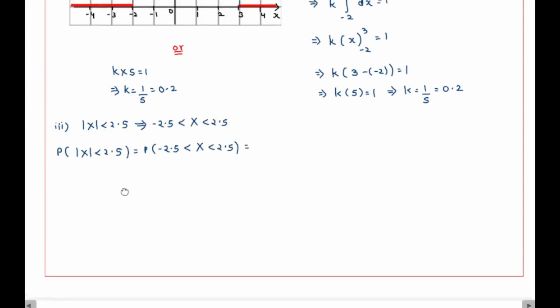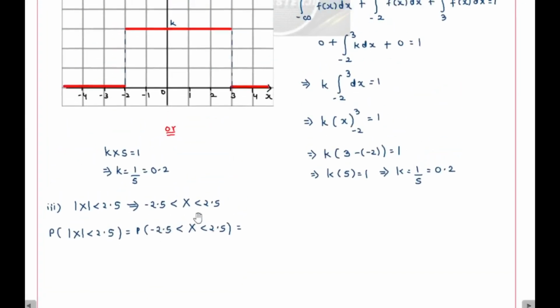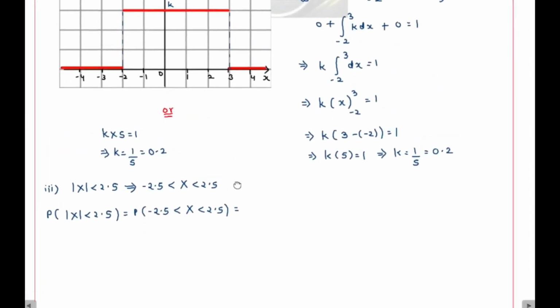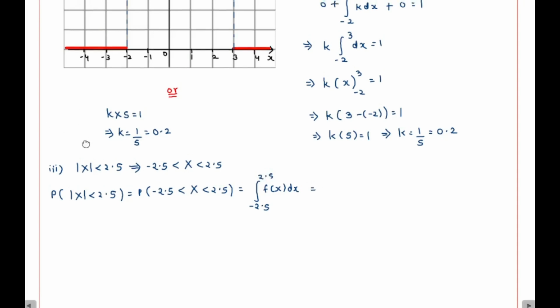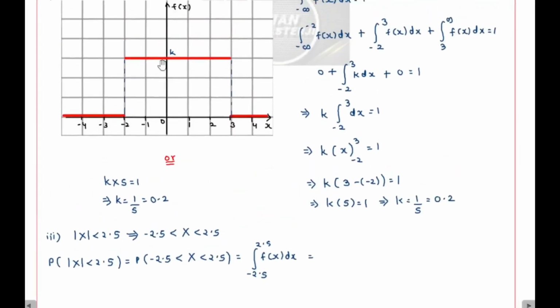So for this particular interval I have to find the area under the curve, correct? So I'll again integrate f of x, now only for this interval. What is the interval? From -2.5 till 2.5. Yes or no? But I know that the curve is defined with some non-zero value from -2 to 3.